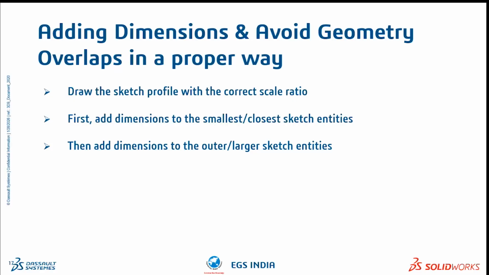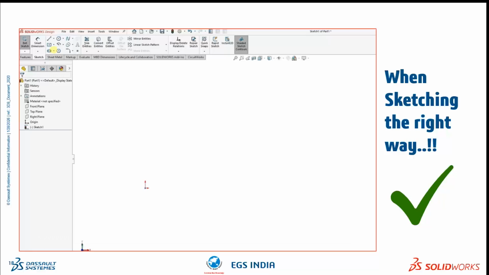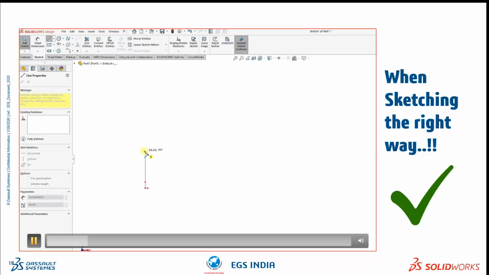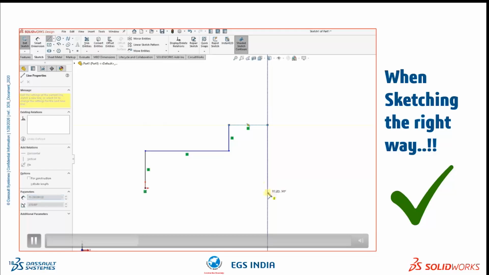And also, while creating a sketch profile, if we approximately create it with the correct scale ratio, that mostly avoids sketch overlapping too. Here I'll show you. The same profile I'll create here, but while creating the sketch profile, I'll make it with a proper scale ratio in the designing stage.